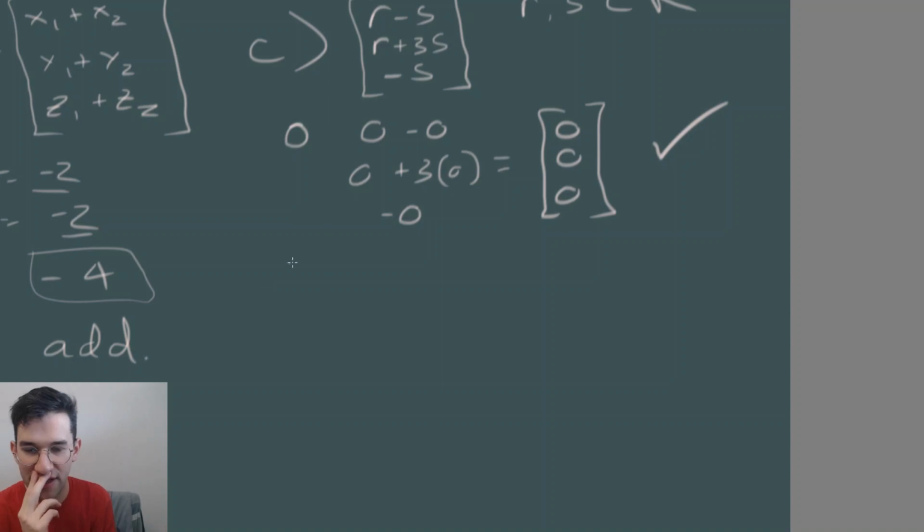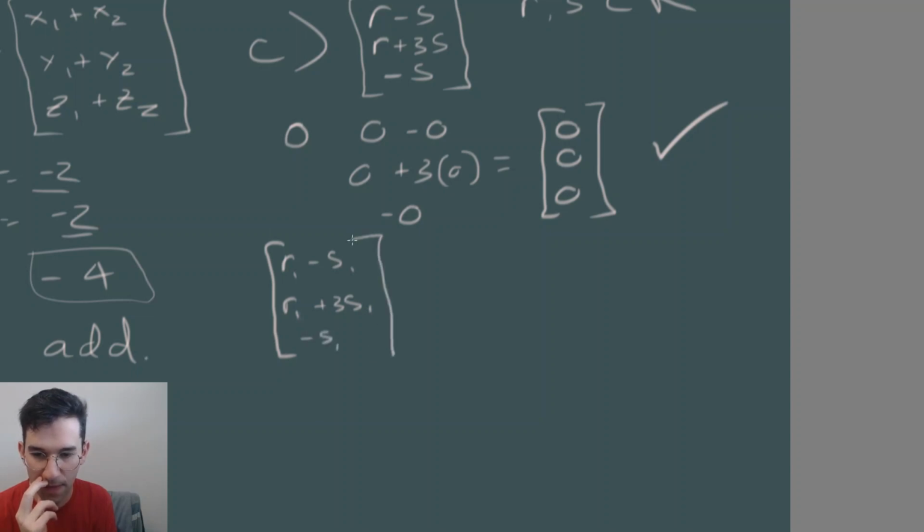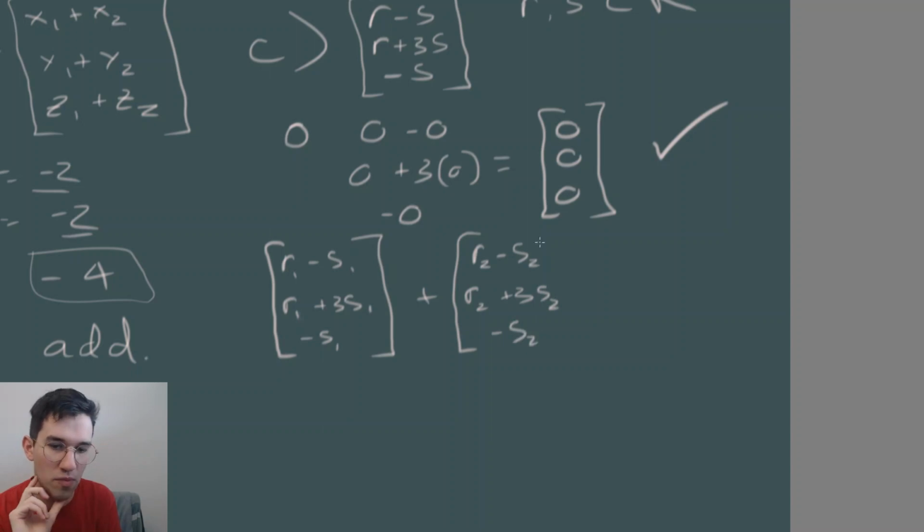Alright, let's take two vectors. We'll see if we can add them together. So our first vector will be (R1 minus S1, R1 plus 3S1, negative S1), and we add that to (R2 minus S2, R2 plus 3S2, negative S2).